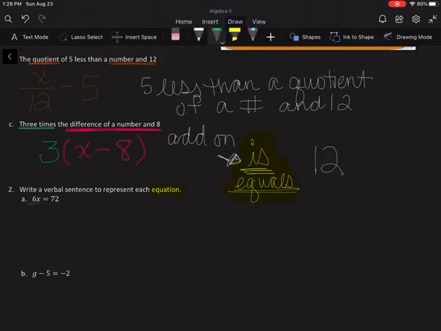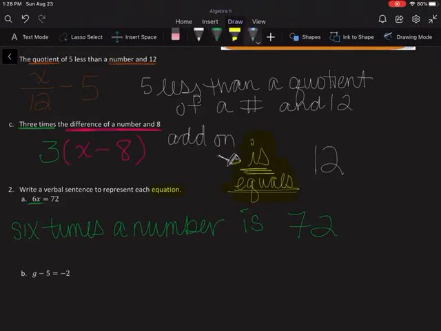So let's start with the first one. 6x. What can we say about that? Let's actually write out the word 6. 6 times a number is 72.